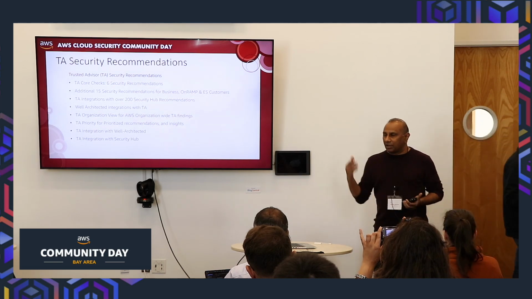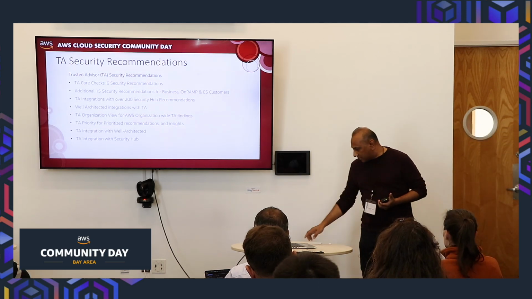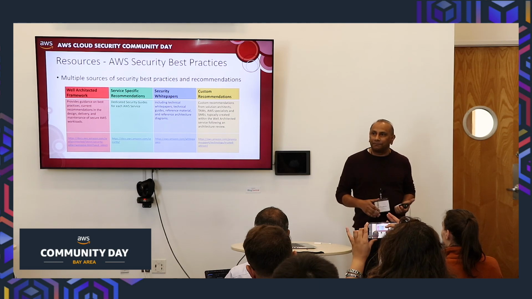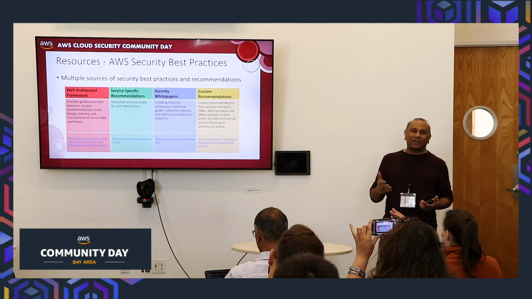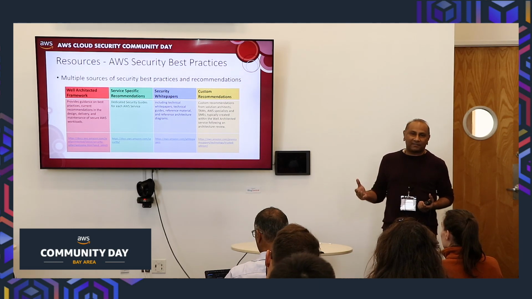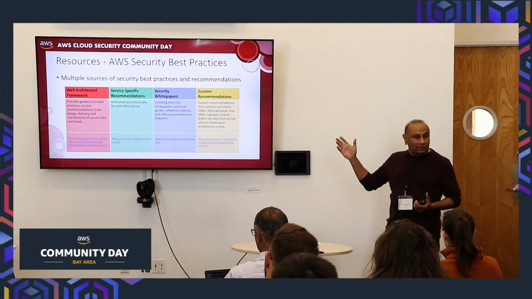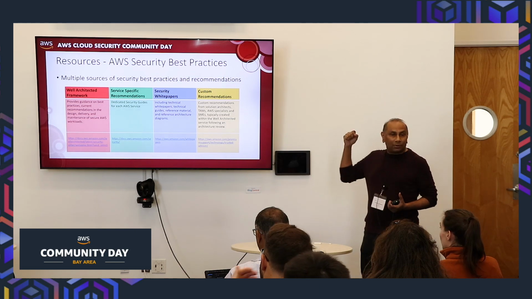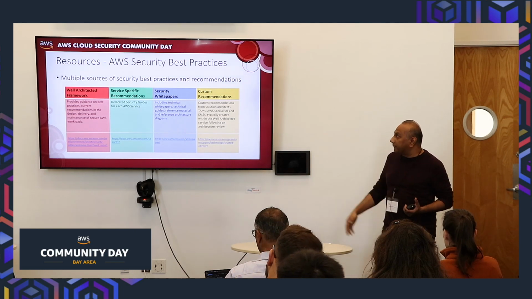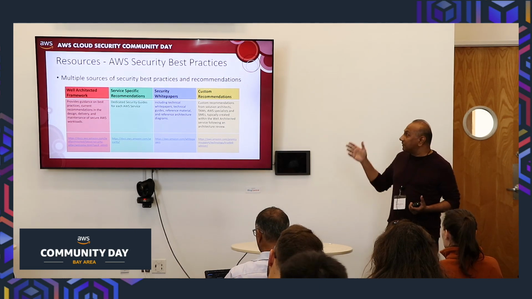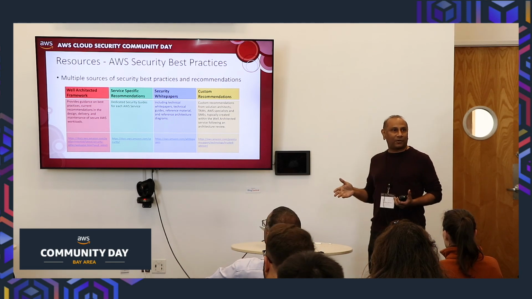Yeah, so Manas did talk about security best practices and recommendations, but the short answer is it's a very broad topic. You get best practices and recommendations from multiple sources. Well-Architected is one. When you have done a Well-Architected review, you have a set of best practices there. There are also security guides, including service-specific security guides.